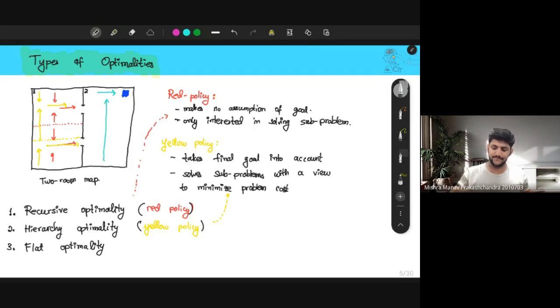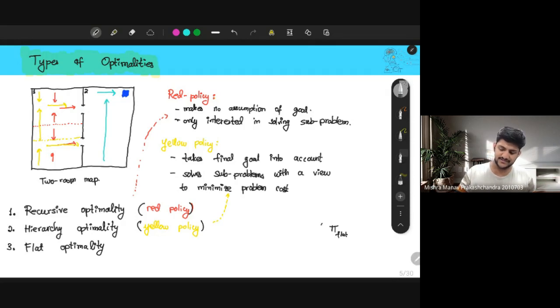So in this case, let's say the policy given by flat optimality is the best policy. Okay. So how should I mention this? The policy given by pi flat is the best possible solution that I can get. It is the globally optimizing solution, which doesn't respect any sort of hierarchy.